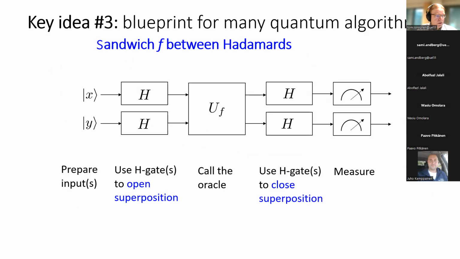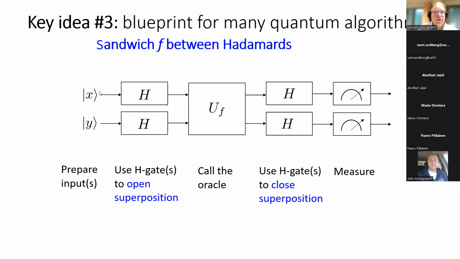Okay, so then, when we have these quantum algorithms, the third key idea is the kind of blueprint for many of these oracle algorithms, which is the following. You already saw this in the Deutsch-Jozsa algorithm: you first prepare some inputs.